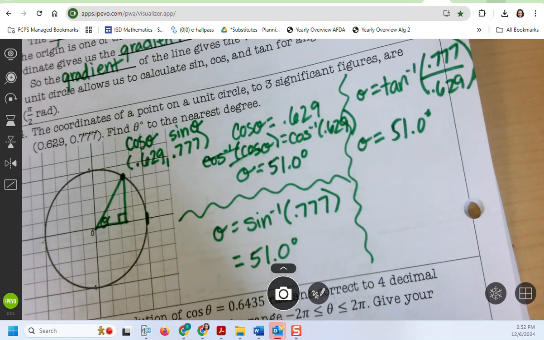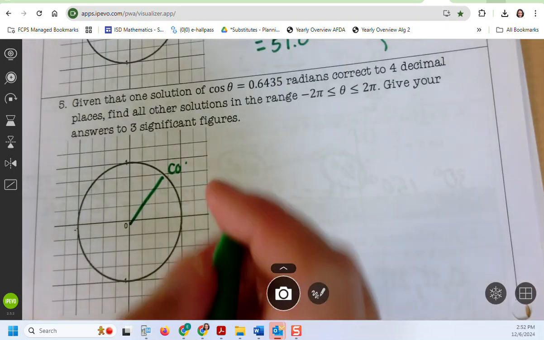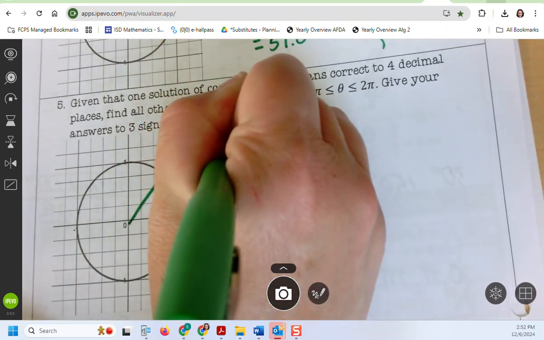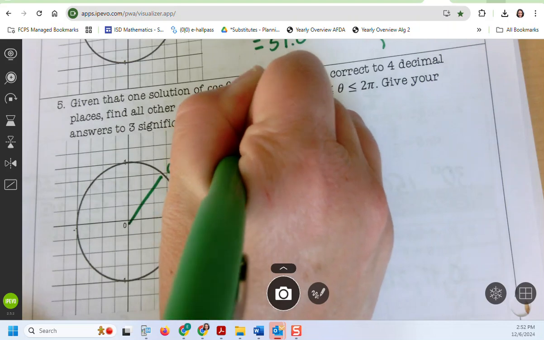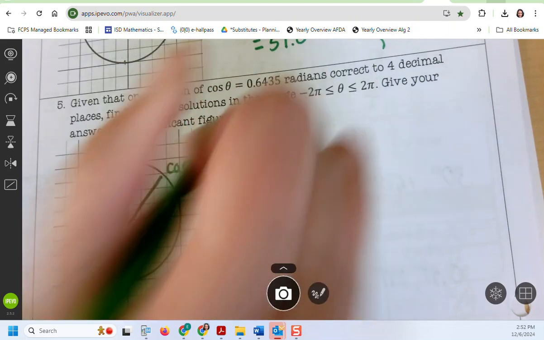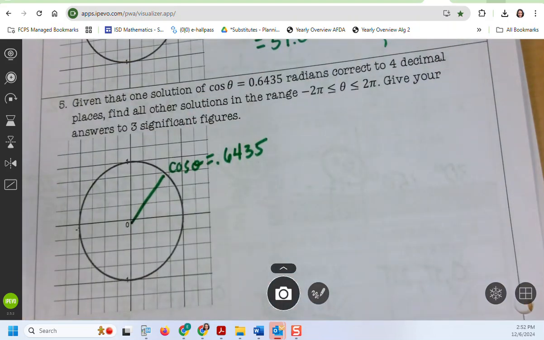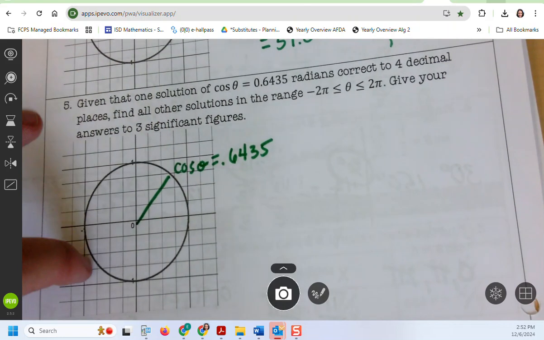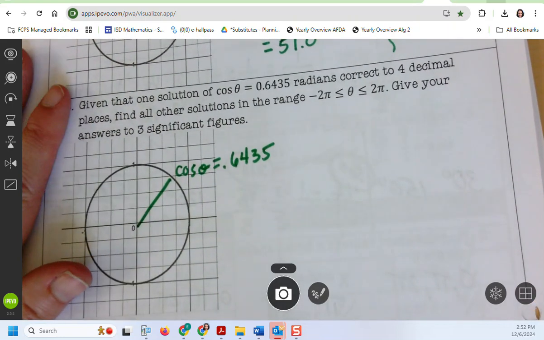Has a cosine. Cosine theta is equal to 0.6435, right? What other quadrant has a positive cosine? A positive x value? 1, 2, 3, or 4? 4.